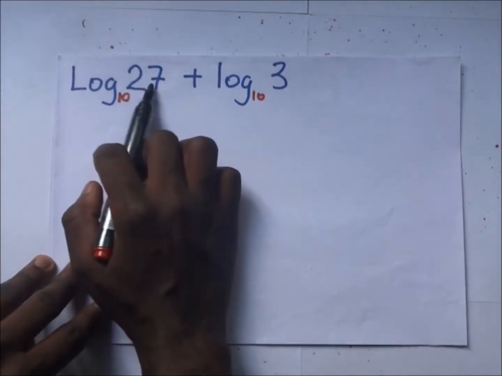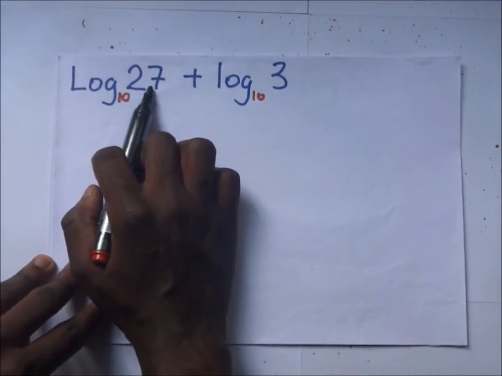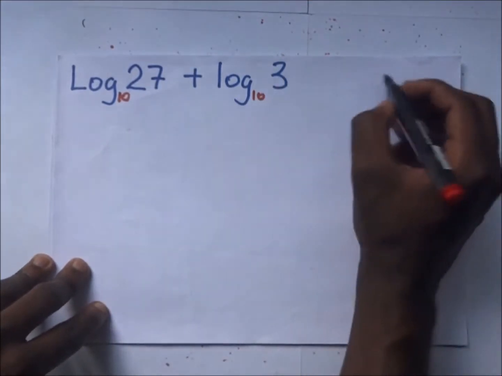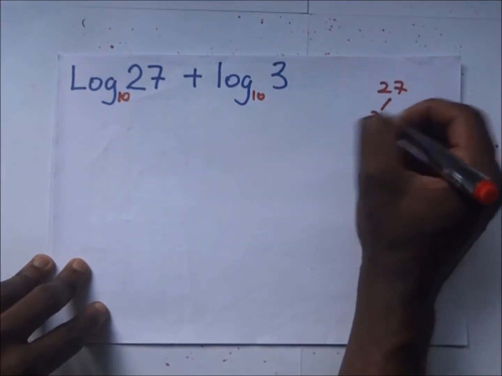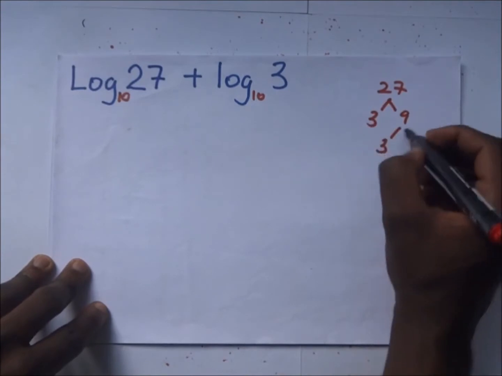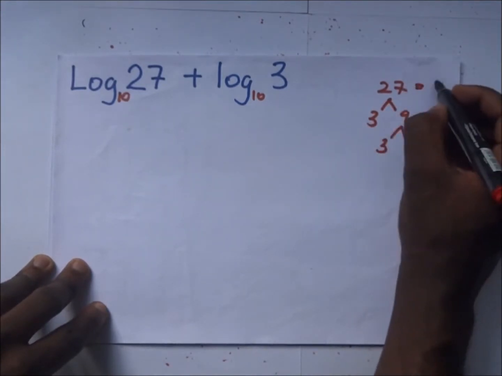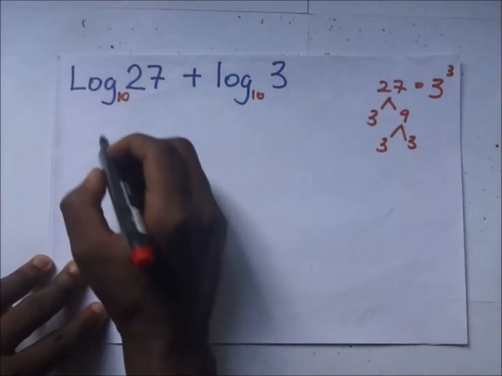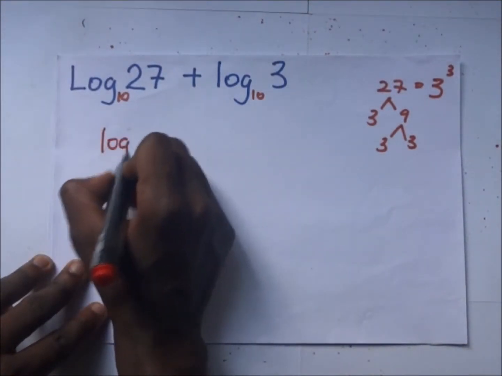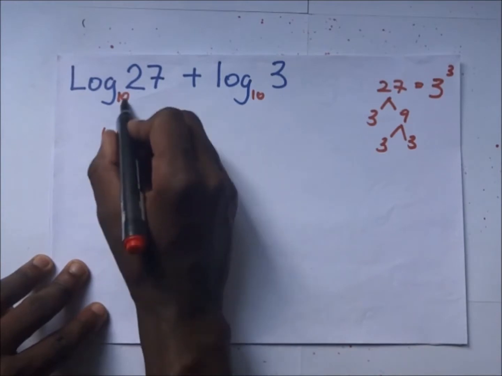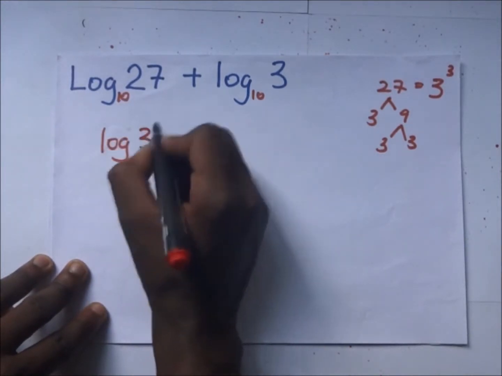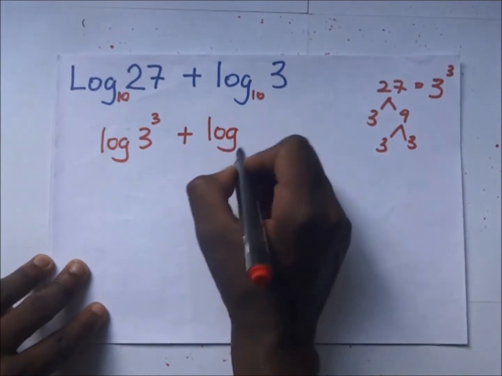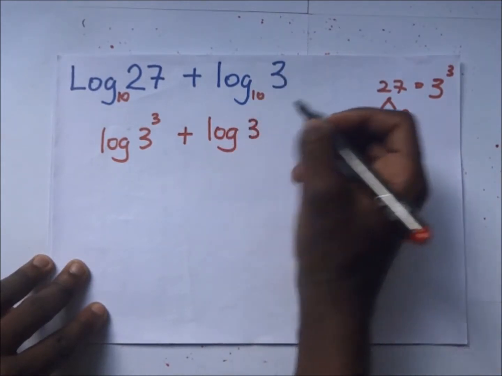You'd realize that 27 can be prime factorized and converted into index form. 27 divided by 3 is 9. Divide by 3, you get 3. So 27 is the same as 3 to the power 3. So this becomes log base 10 of 3 to the power 3 plus log base 10 of 3.